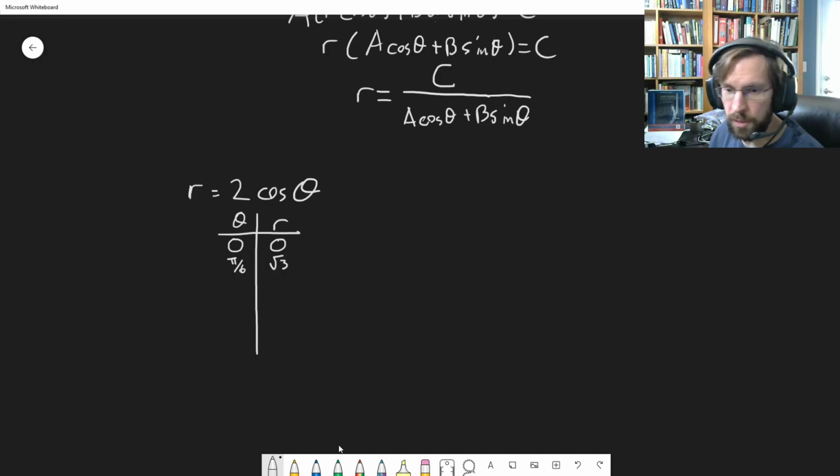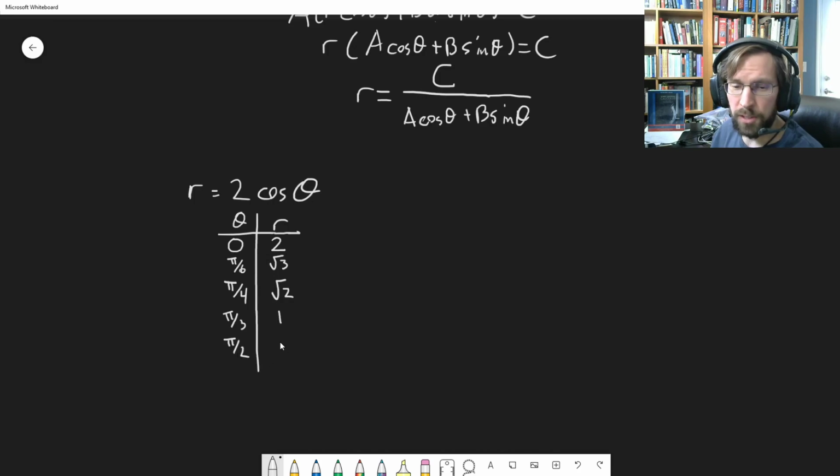Oh my, I totally messed this up. Cosine of 0 is 1. 1 times 2 is 2. There we go. That makes more sense. Pi over 4, cosine pi over 4 is root 2 over 2, so this is root 2. Pi over 3, cosine of pi over 3 is a half, so 1/2 times 2 is 1.